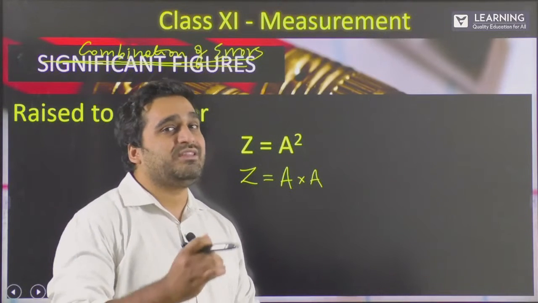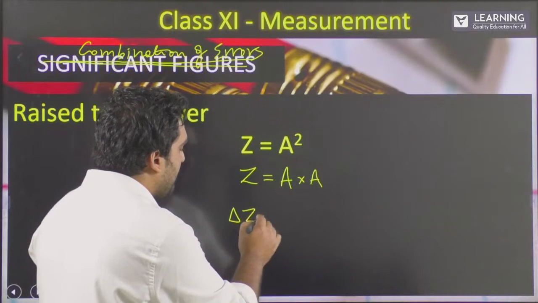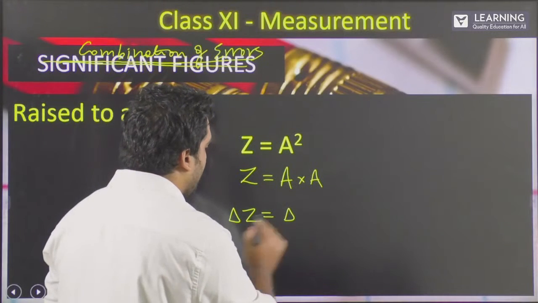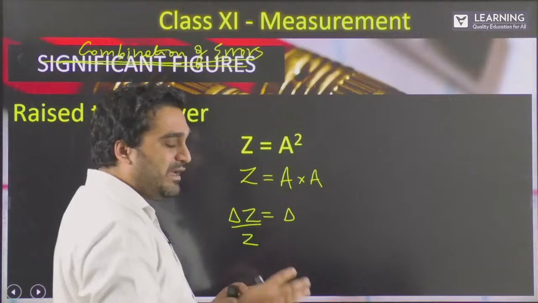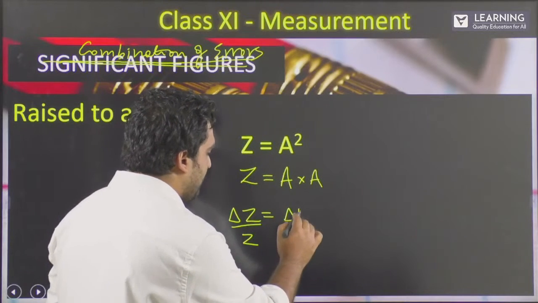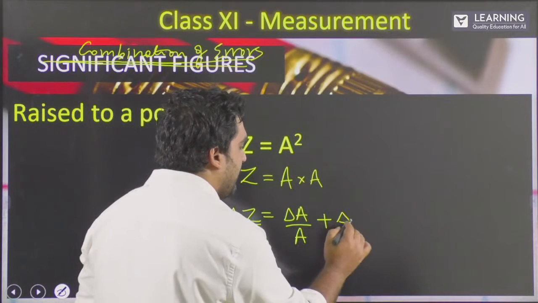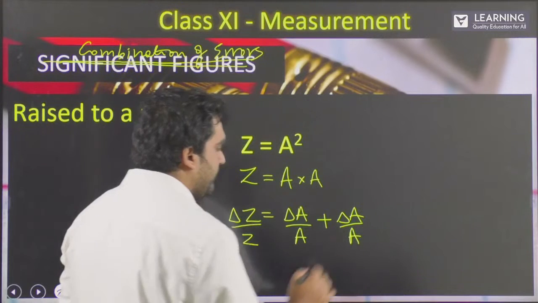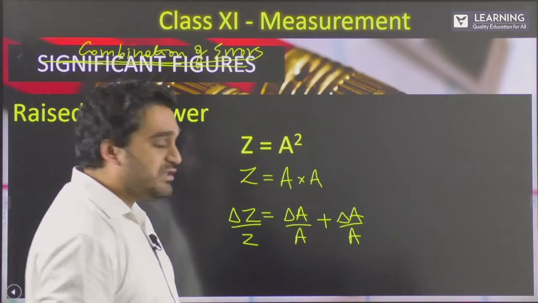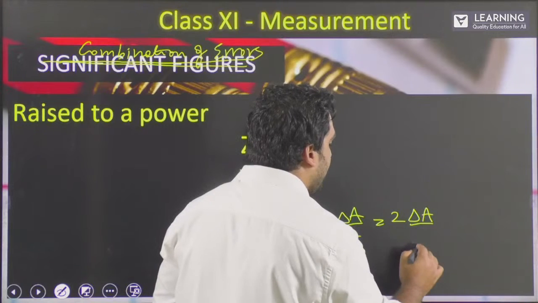It is the sum of the individual relative errors, not just the absolute. Delta a by a plus delta a by a, which equals 2 times delta a by a.